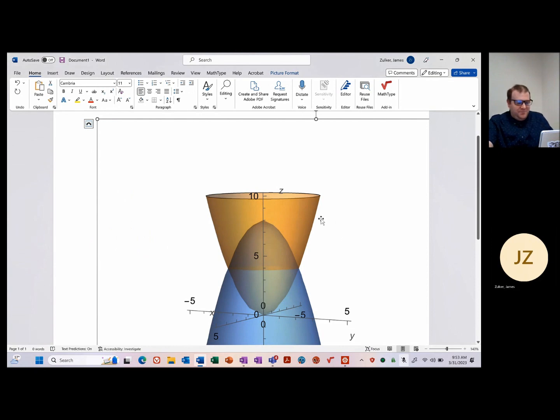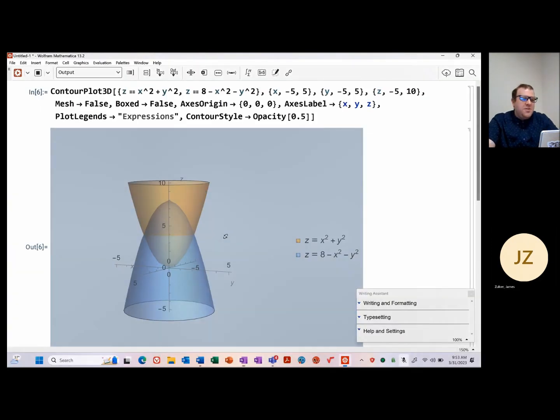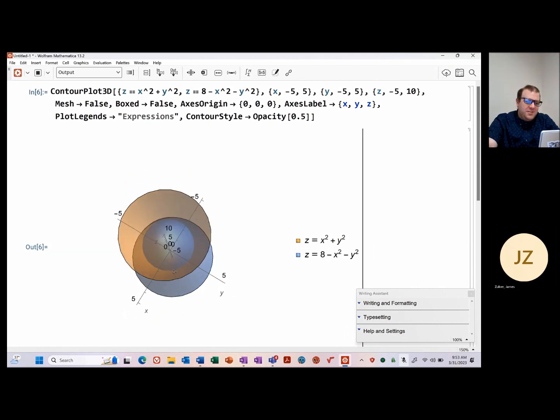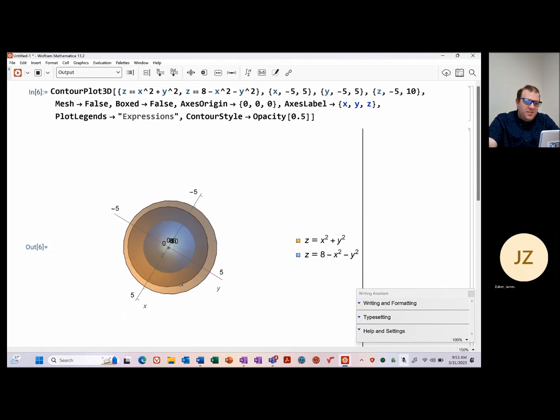If we look straight down on it, you can see the curve of intersection is a circle.